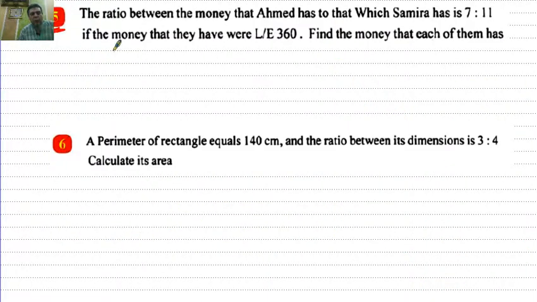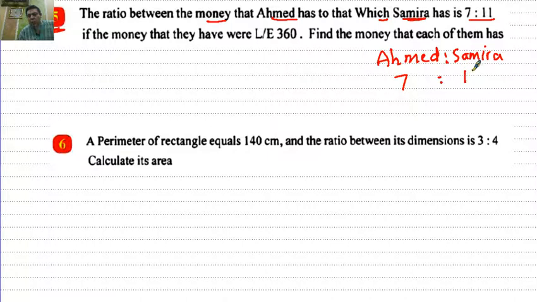Number 5. The ratio between the money that Ahmed has to what Samira has is 7 to 11. Then we said Ahmed to Samira, 7 to 11.